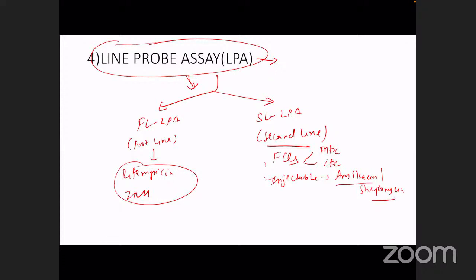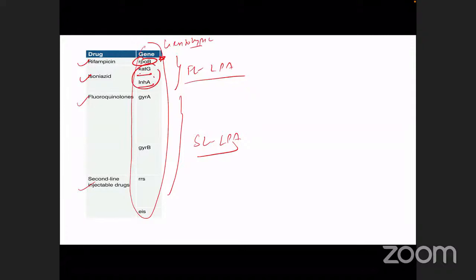These two constitute the first line LPA and this constitutes the second line LPA. So we have to remember these genes. For rifampicin, obviously rpoB is the name of the gene. For isoniazid, katG gene and inhA. Why is it important? We'll discuss that in future slides. If the patient has resistance to both katG and inhA, in that case, you cannot use the short regimen.